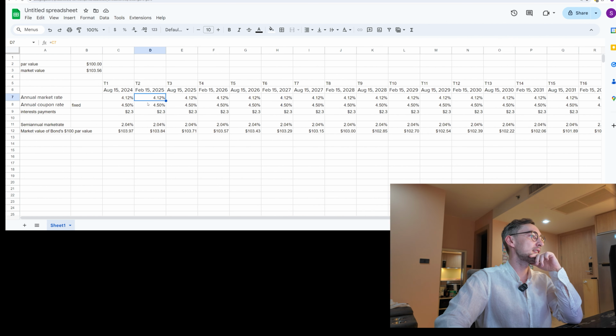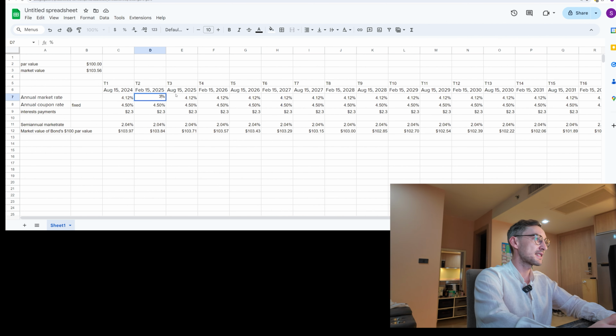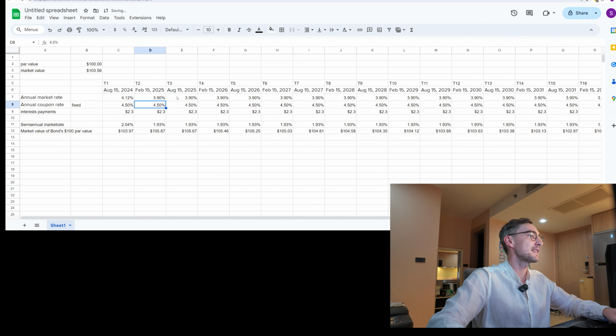So for example, if in September this year the Fed cuts interest rates and the market annual interest rate is not 4.12 like now, but let's say 3.9, you see that the price of this bond is higher now. It's 105 and it was 103.